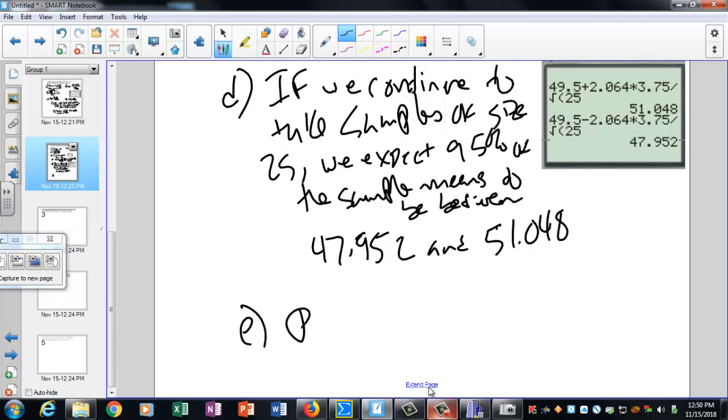Part D, the population is normally distributed, and sigma is unknown.